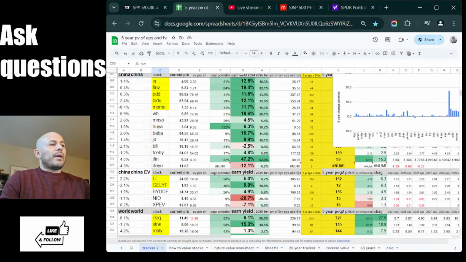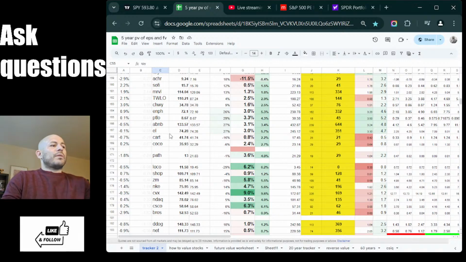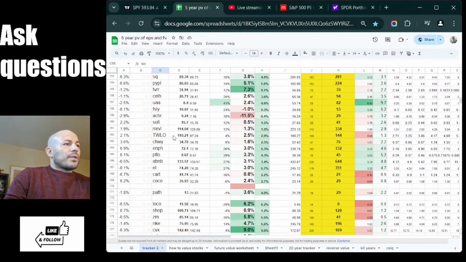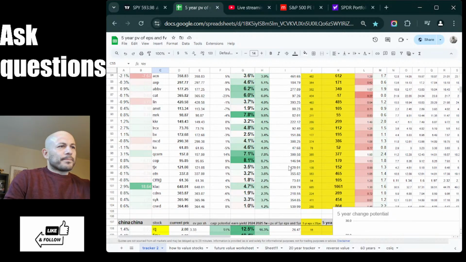And not only that, I have international stocks and a bunch of stocks that I found interesting and attractive. And then my worksheet scans through them. It actually goes line by line and it figures out what are the most attractive names.